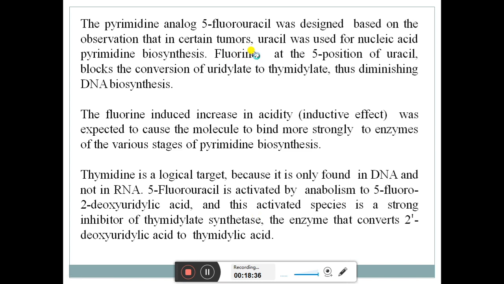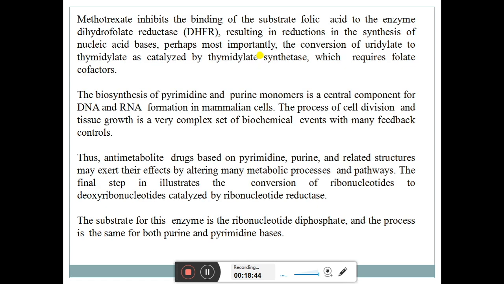Next, the methotrexate. This inhibits the binding of the substrate folic acid to the enzyme dihydrofolate reductase, resulting in a reduction in the synthesis of the nucleic acid bases and the conversion of uridylate to thymidylate, which is catalyzed by thymidylate synthetase, which requires folate cofactors.